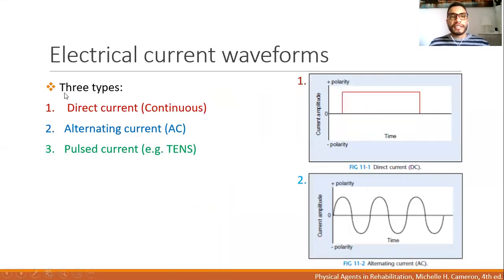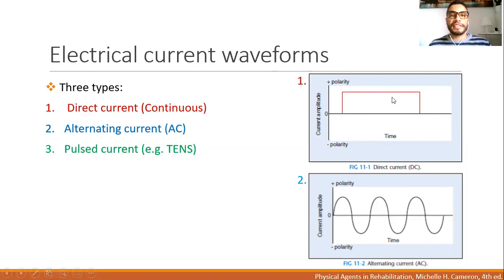So let's start with the different electric currents that exist. The most typical electrical currents that we use in physiotherapy are basically three types. Number one, we have the direct current. This is also known as continuous, because as you see here, there is a continuous flow of electrical charges, and this flow is uninterrupted.